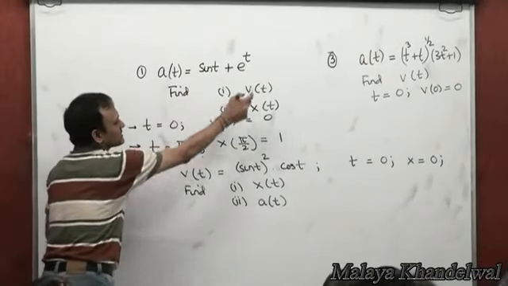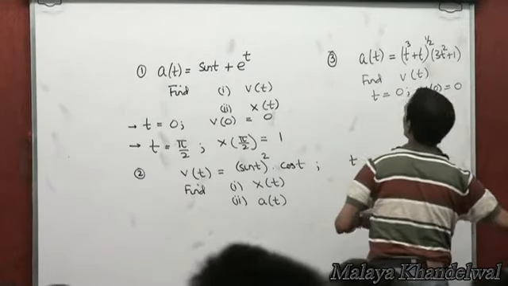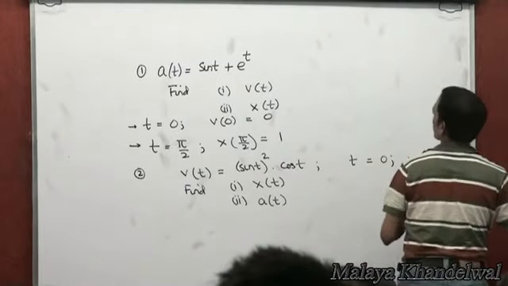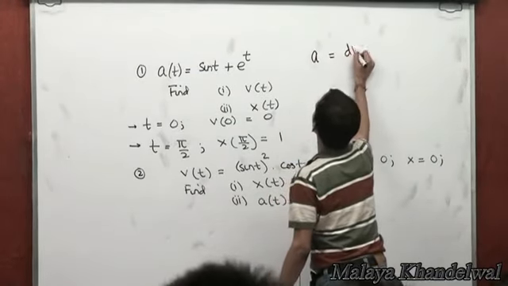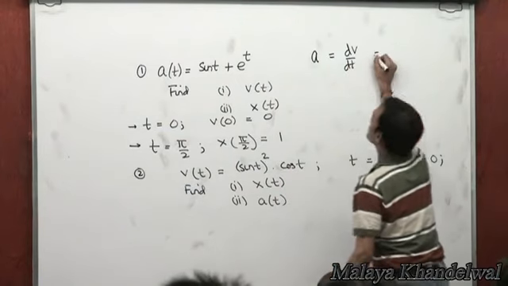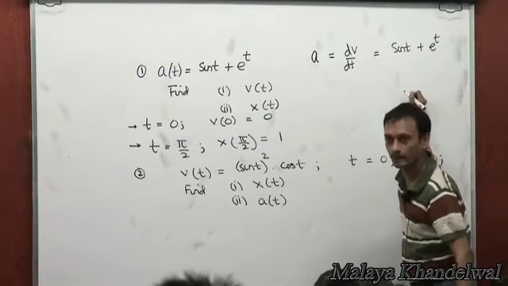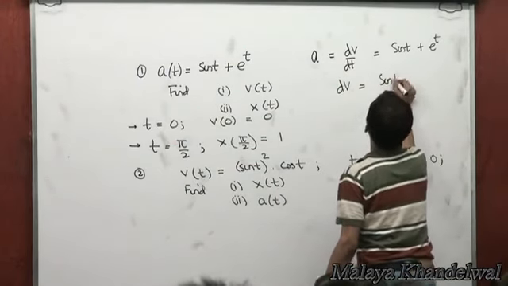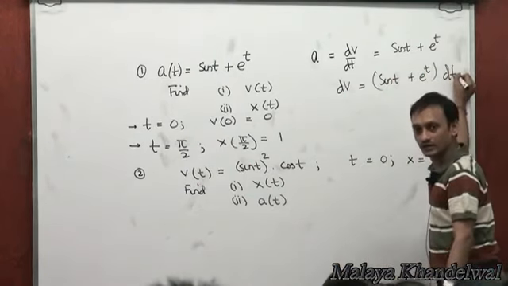First problem, where acceleration is dv by dt, which is sine t plus e power t, right? dv therefore is sine t plus e power t dt.